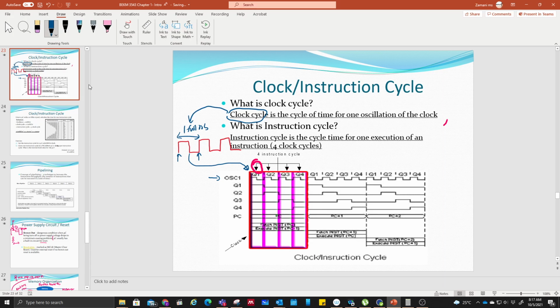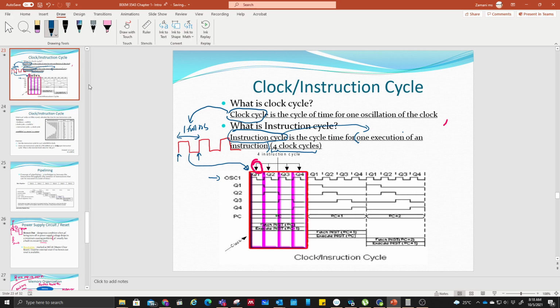Okay, so what is instruction cycle? Instruction cycle is the cycle time for one execution. One execution of an instruction is an instruction cycle. So the time needed is the total of 4 clock cycles.